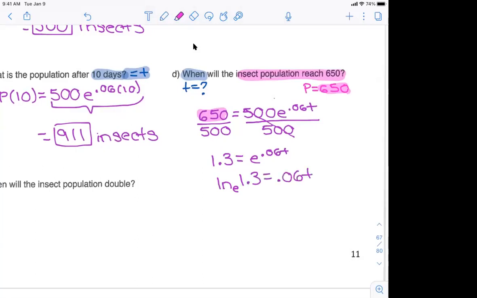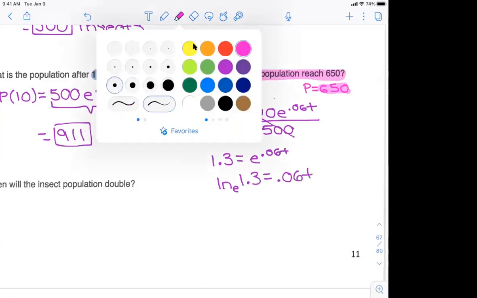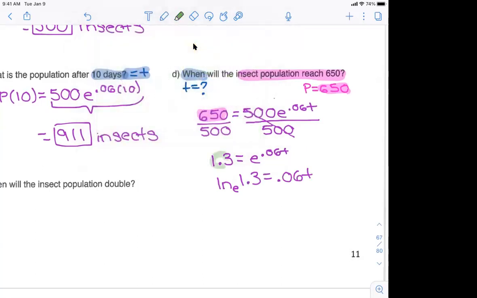Again, just like normal, you have to make sure that you move those three different pieces, this is one thing, 2, 3, to the correct spots when you convert it into a natural log. When you do that, now you're able to solve for t. How? You divide both sides by 0.06. That cancels, and now t is left alone.